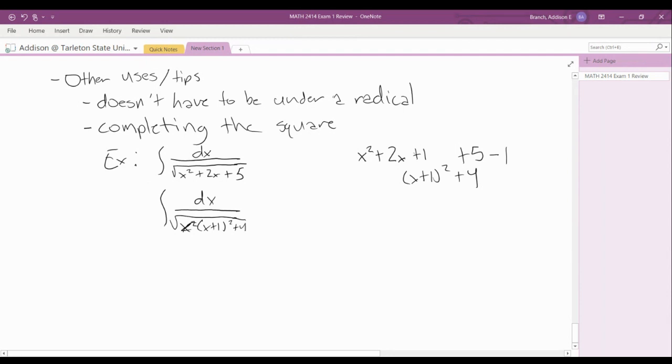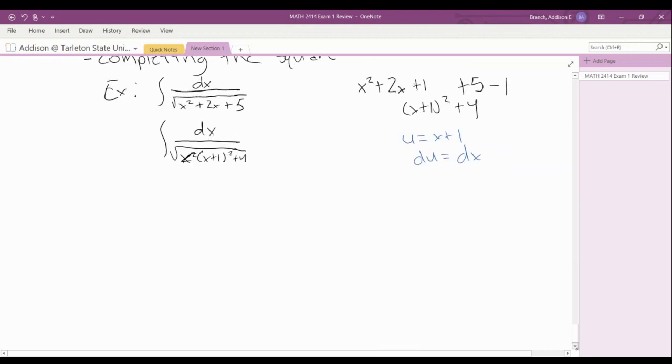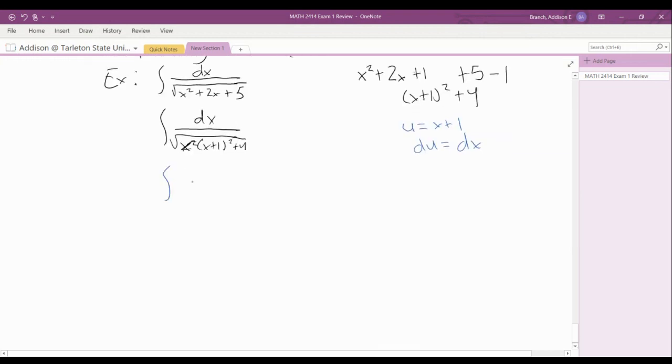And then from here, I'm going to switch colors, and we can say that u is equal to x plus 1 and du is equal to dx. And that will get us the new integral of du over the square root of u squared plus 4.